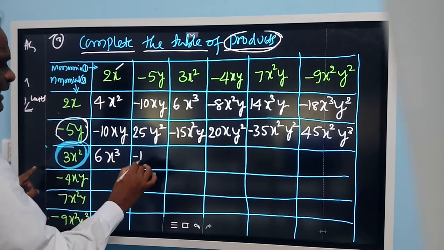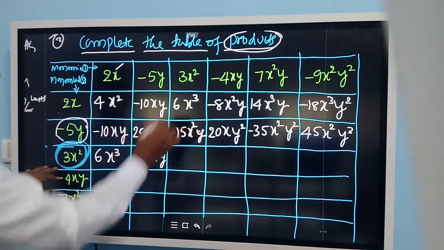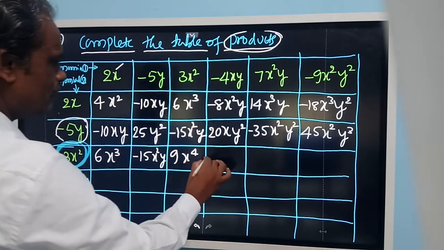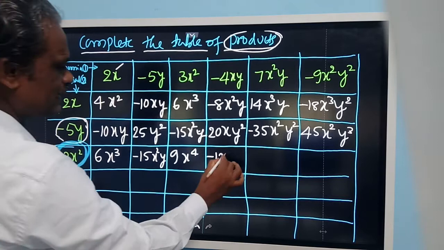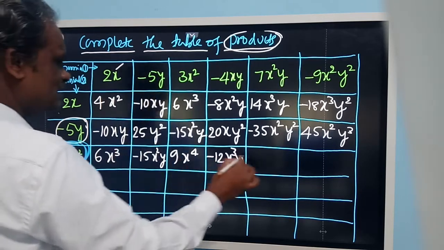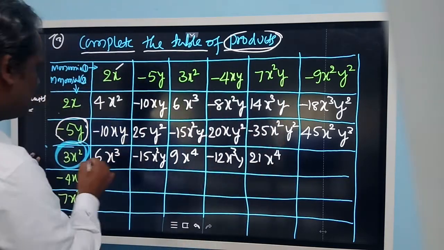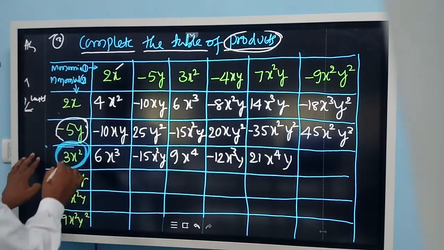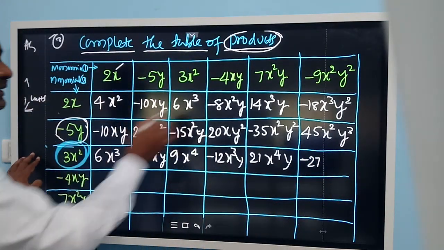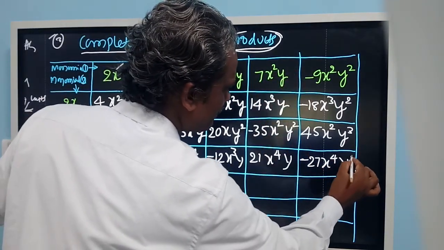Then 3 5s are 15, minus 15. x square into y, x square y. 3 3s are 9. x square into x to the power 4. 3 4s are 12, minus 12. x square into x to the power 3, y only 1, so write as it is. 3 7s are 21, so x square into x to the power 4, y only 1, you write as it is. Then 3 9s are 27, minus 27 because minus is there. x square into x to the power 4, then y square as it is, this is only 1.